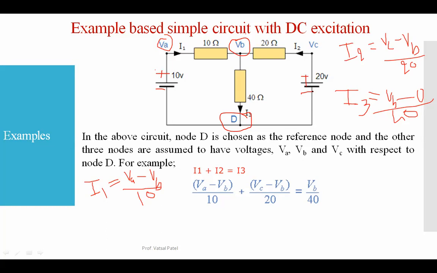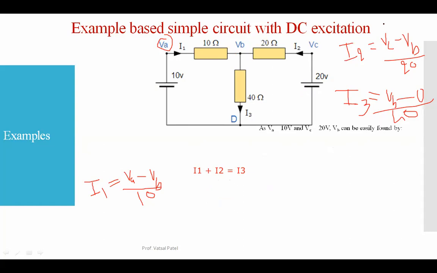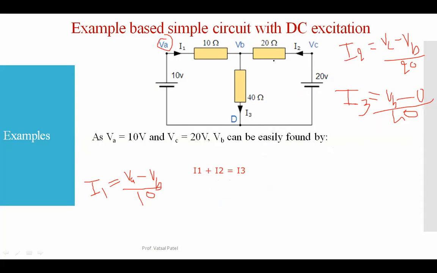So we can write VA is equal to 10 volt and VC is equal to 20 volt, because nothing is connected according to the circuit diagram between the source terminal and that node terminal.